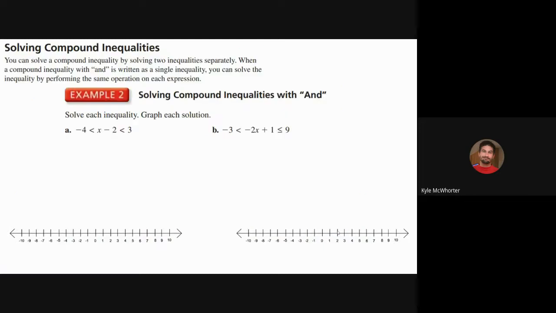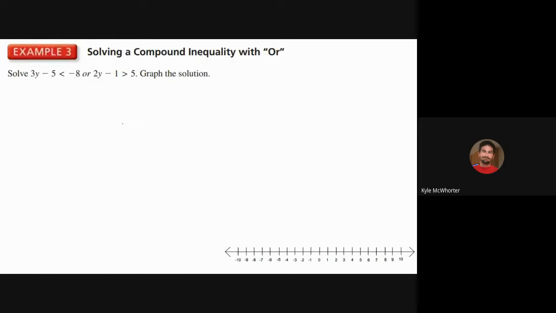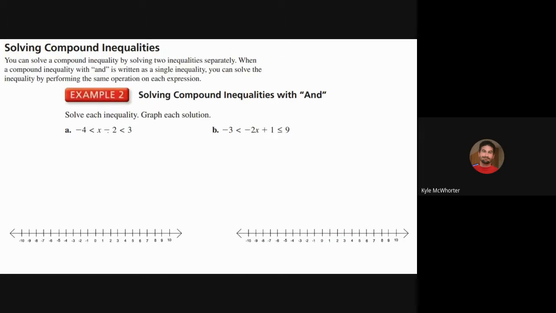Okie dokie. All right, example 2, you can solve a compound inequality by solving the two inequalities separately, or if you put it together, you can solve by just doing the operation to all three sides of an in-between statement. So if we're solving an in-between statement, like for here we have x, our variable x is in the middle. We just need to get rid of whatever's around x.